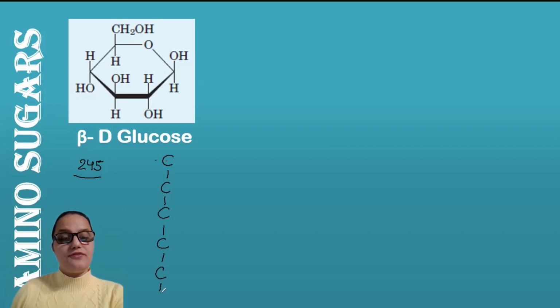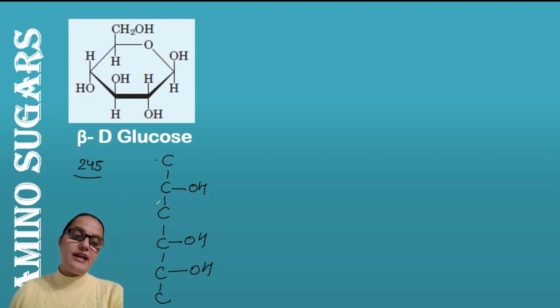Which means in the chain of 6 carbons, at carbon number 2, carbon number 4, and carbon number 5, the OH is directed towards the right-hand side. If that is true, the only carbon left is carbon number 3. On that, OH is directed on the left-hand side.